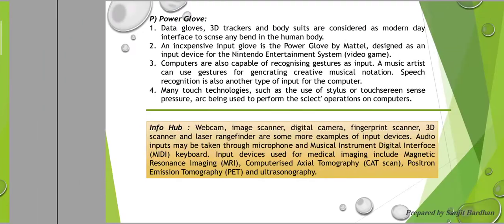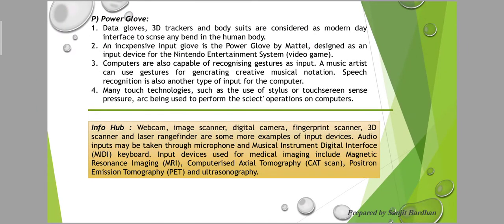Next is power gloves. Power gloves, data gloves, 3D trackers, and body suits are considered modern day interfaces to sense any bend of the human body. That means it is used to sense the human body. Input gloves are power gloves with a metal design, as an input device.